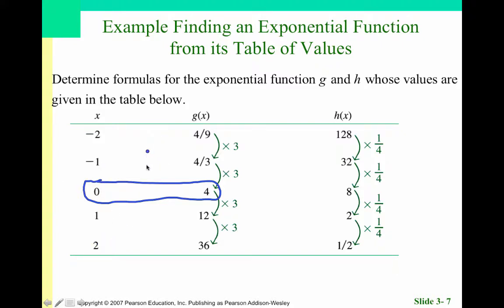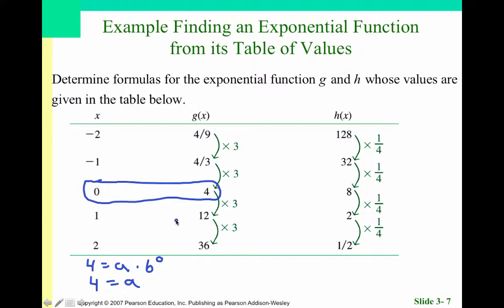And you could plug that in and say, well, y, or g of x, is equal to a times b to the 0. And that means b to the 0 is 1, so a is 4. So there you can see it algebraically that a is 4.